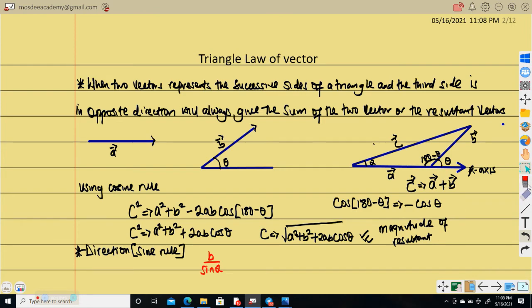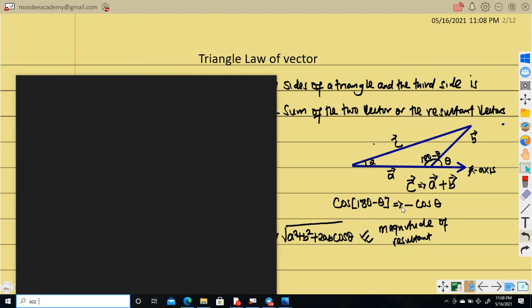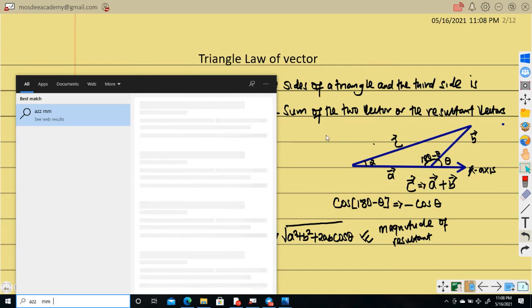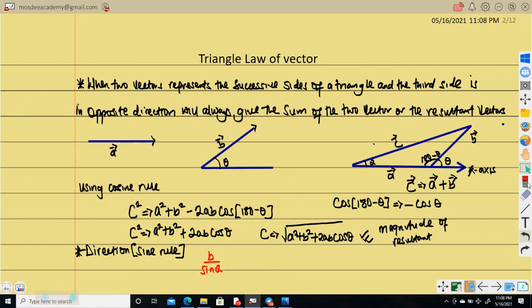This must be equal to the other side, C, which is the resultant we are looking for, all over the angle C is facing, which is 180 minus theta. I hope students are getting this.